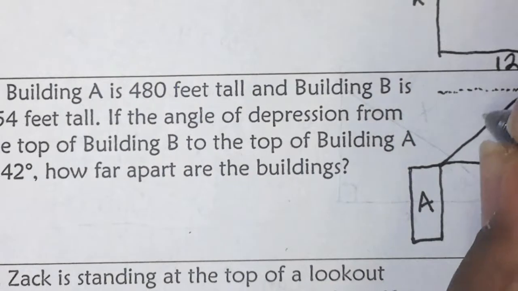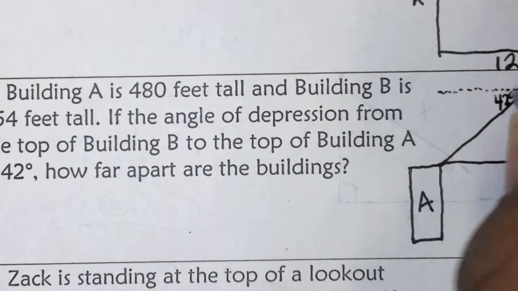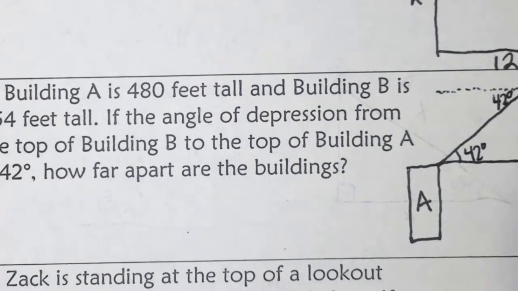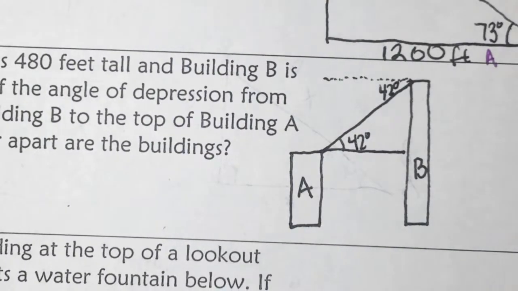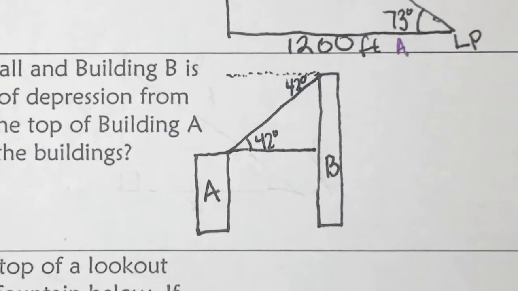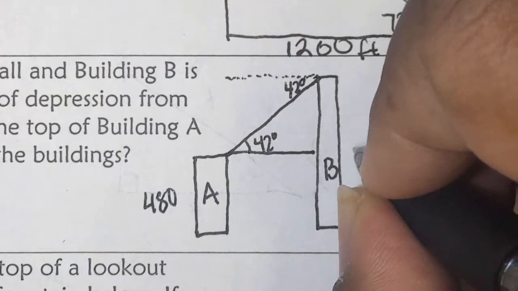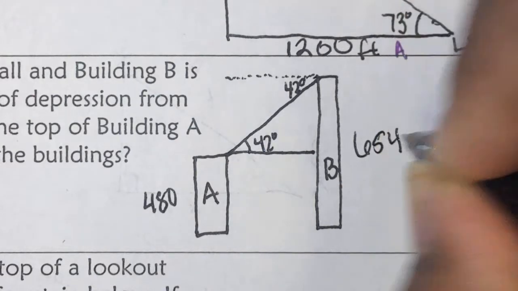The angle was 42 degrees, so it'll be 42 in here as well. Building A is 480 feet. Building B is 654 feet.